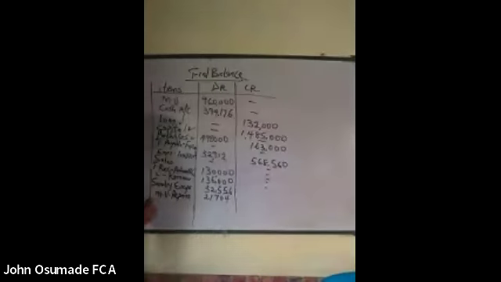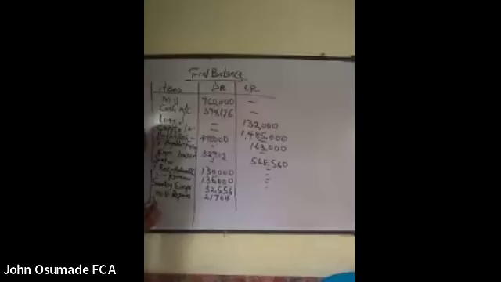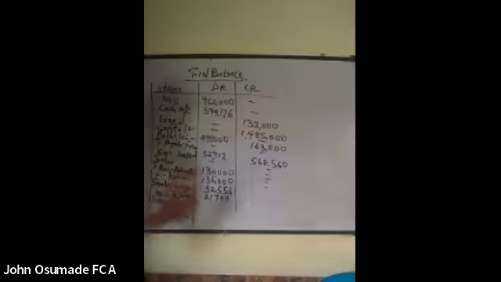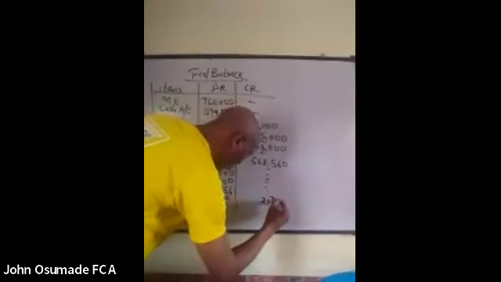Next. Sundry payables, Isatu Enterprise. That is the sundry expenses. We didn't pay it. It's on credit, so we are owing Isatu, sundry payable. The same amount, 21,704.